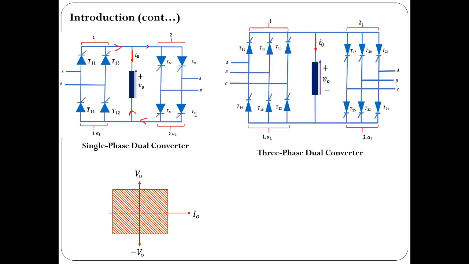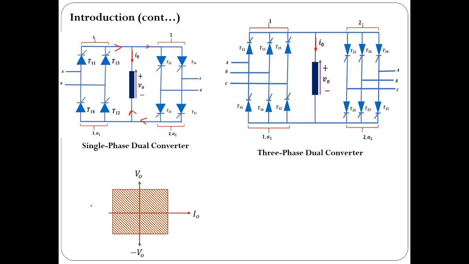Similarly, you can use a 3 phase dual converter again. You can see that the 2 converters, full converter 1 and full converter 2, are connected in anti-parallel across the load, and they get supply from a 3 phase balanced AC. By activating converter 1, you can have first and fourth quadrant operation, and the second converter provides operation in the second and third quadrant.